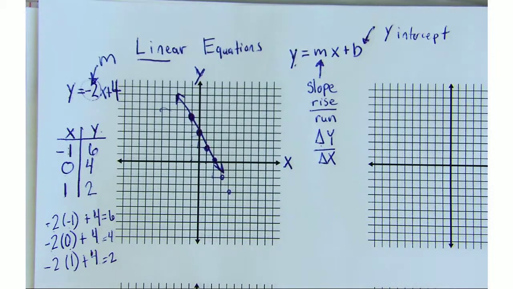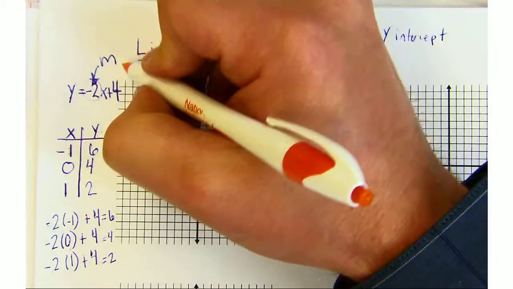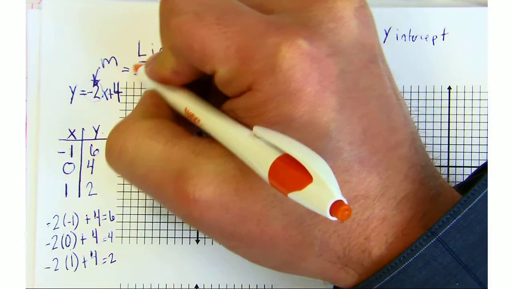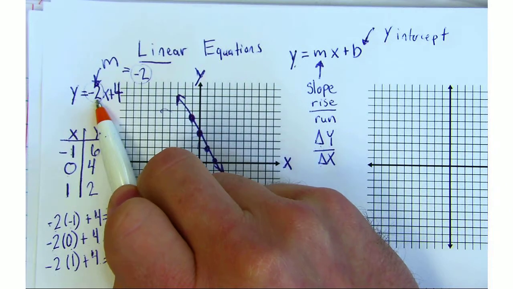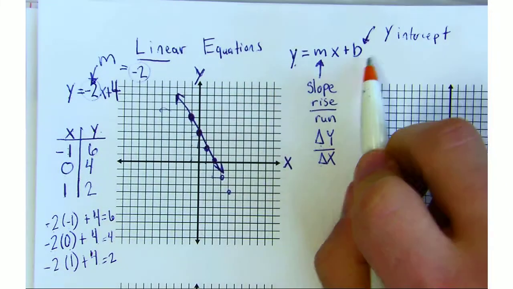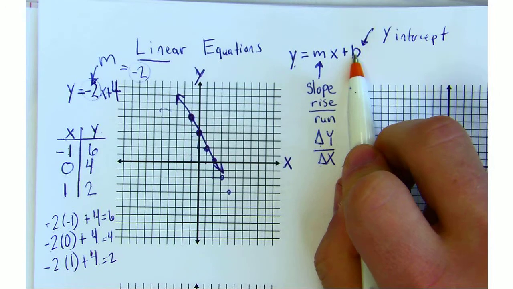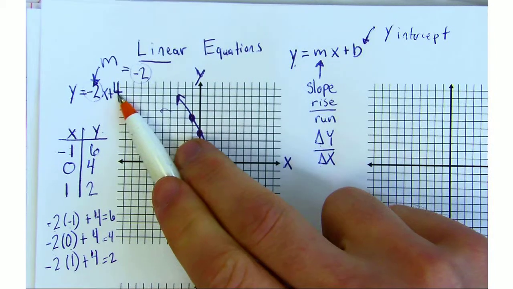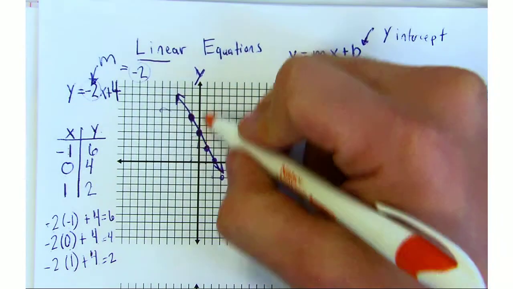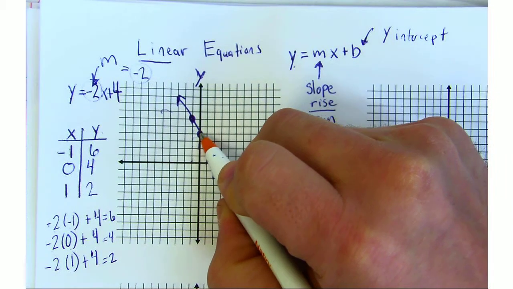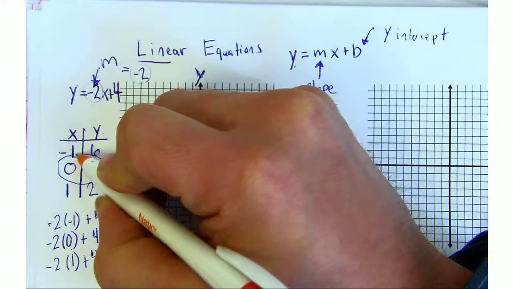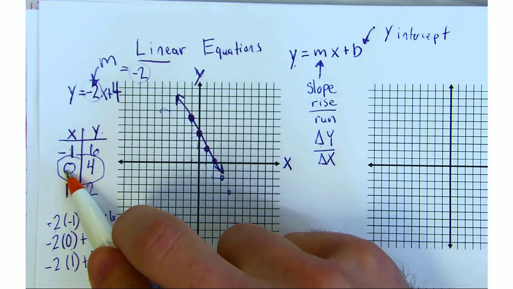Our y-intercept, that's b, is 4, because it crosses the y-axis where x is 0, at (0, 4).